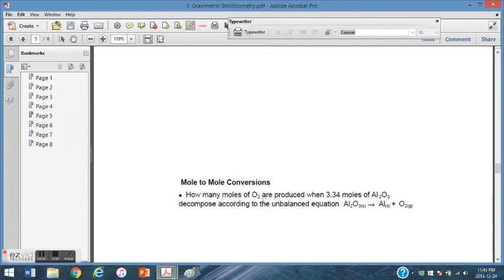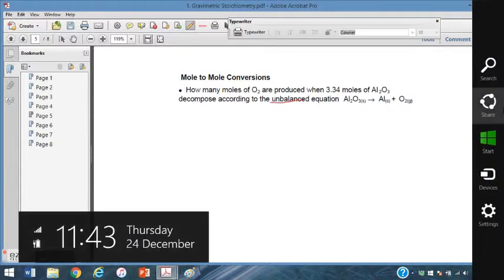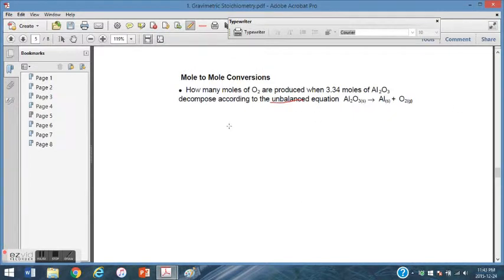So looking at this, how many moles of oxygen are produced when 3.34 moles of Al2O3 decompose according to the unbalanced equation given here? There's our hint. Hey, we should probably balance this thing. Okay, so I'm going to write it out big enough so that you can actually see it.